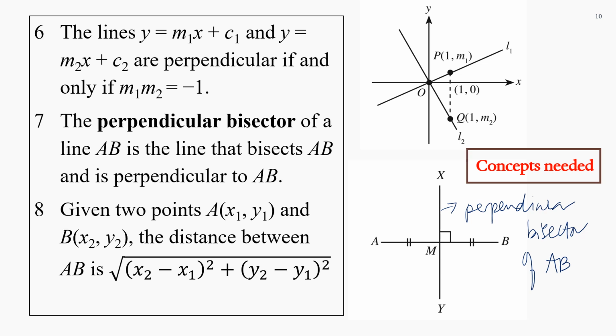So perpendicular means XY intersects AB at 90 degrees. That's called perpendicular. Bisector means it divides the line AB into two equal halves.